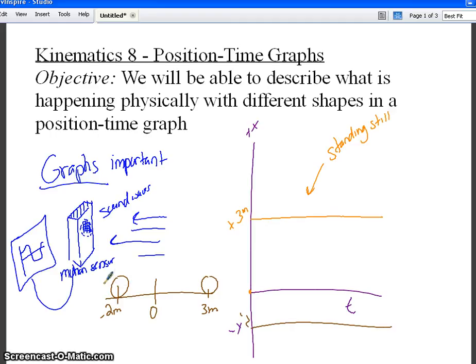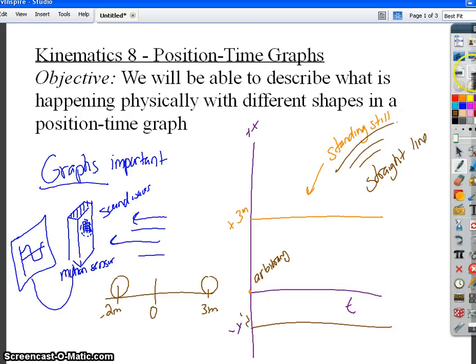So that's all this is telling you, is that we have an arbitrary point, we call this 0. And so if this ball is 3 meters away from 0, positive 3. If it's over here 2 on the other side, it is now negative 2. Okay, so a straight line means something is standing still. Okay, straight line.